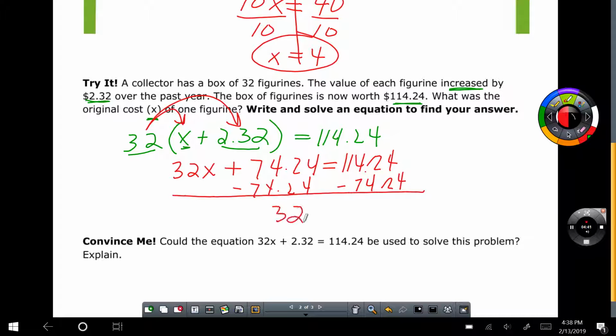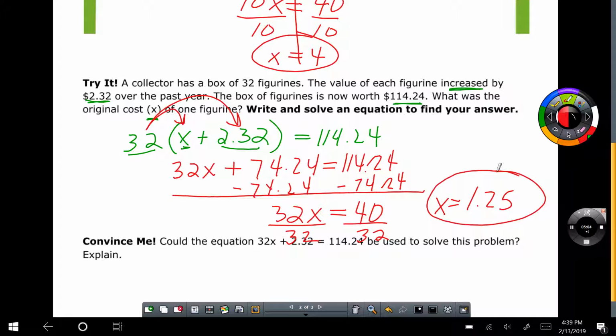That's 32x equals 114.24 minus 74.24, which gives us $40. And then to solve this, we're going to divide each side by 32. And we get a final answer of x equals 1.25. So the original value of each of these figurines was $1.25.